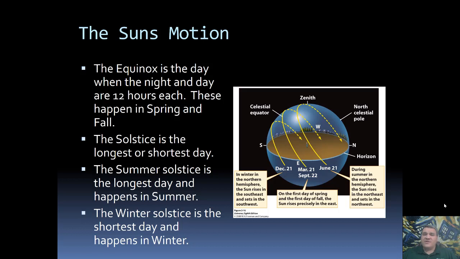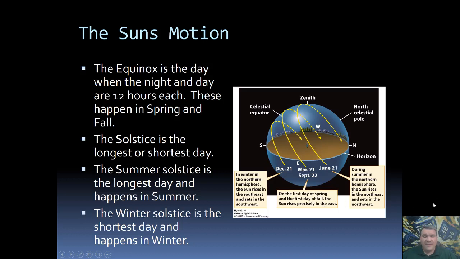Okay, the other 2 special points are where the sun is the farthest from the celestial equator. What this means from our point of view is the sun is going to be the closest to the horizon or the farthest from the horizon that it's going to get, which is also going to affect the daylight hours. When it is the lowest in the sky, then we're going to have the shortest day of the year. When it is the highest in our sky, we're going to have the longest daylight hours through the year.